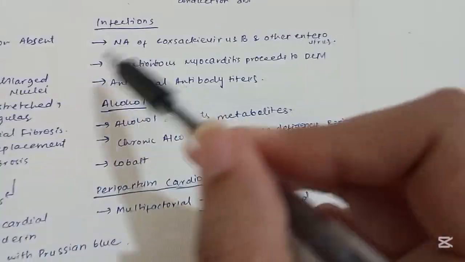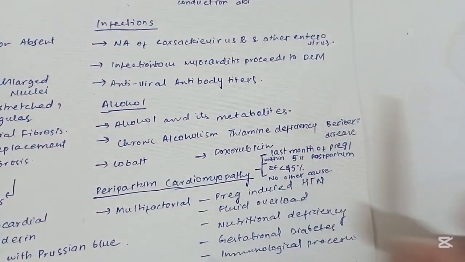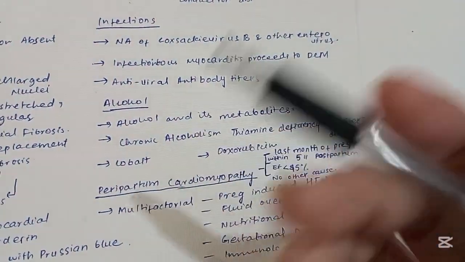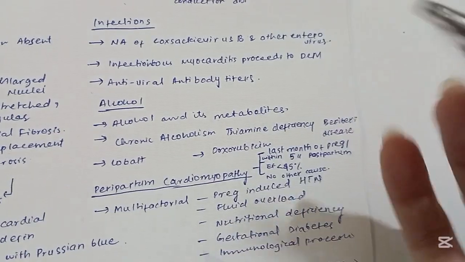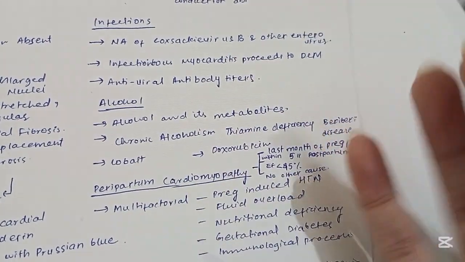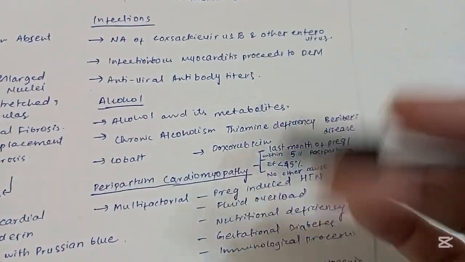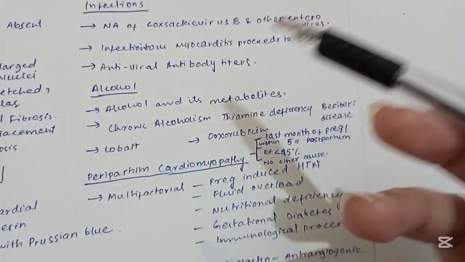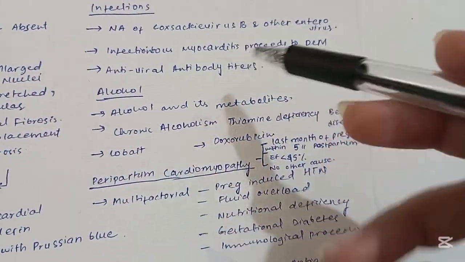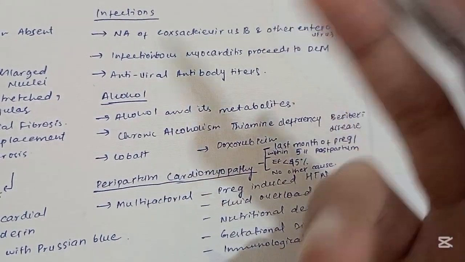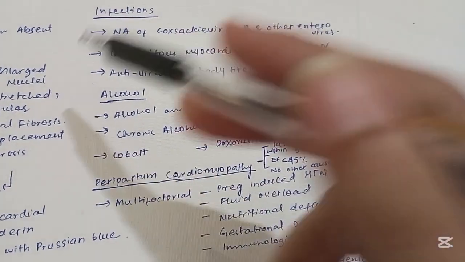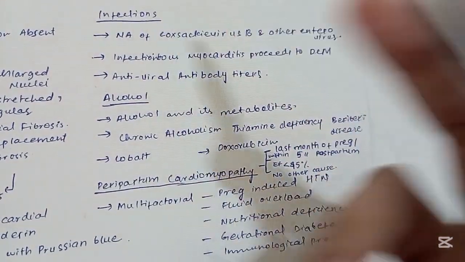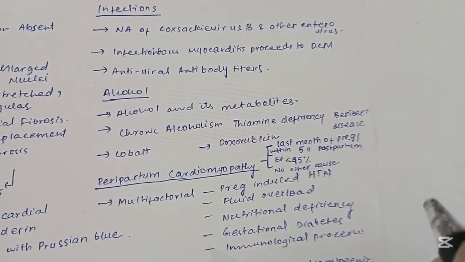Similarly, we have found antiviral antibody titers in some patients, so we can conclude that a patient may be affected by a virus, and as a result there is myocarditis that may be missed, and antiviral antibodies are formed, and later on the patient presents with dilated cardiomyopathy. By measuring these, we have concluded that it can be a cause of dilated cardiomyopathy.